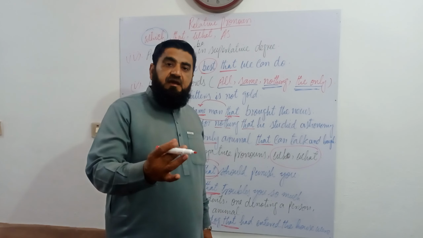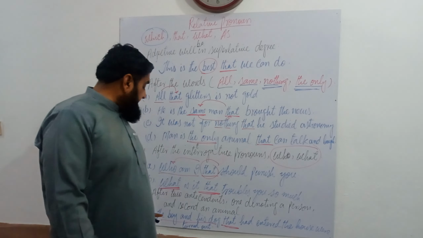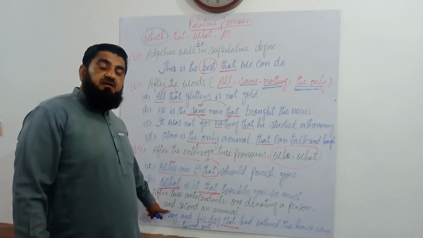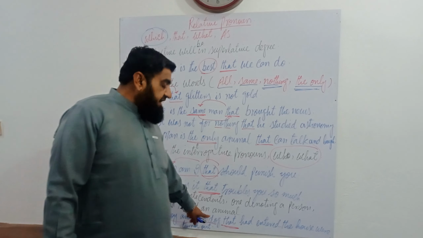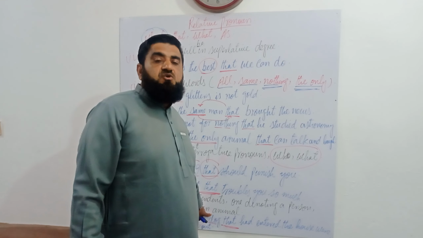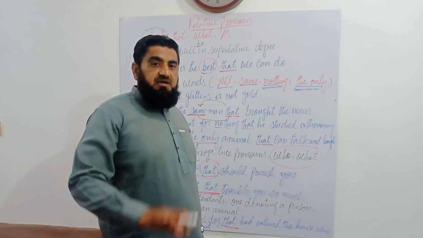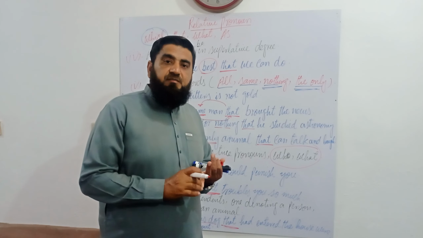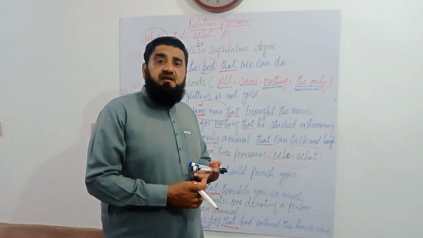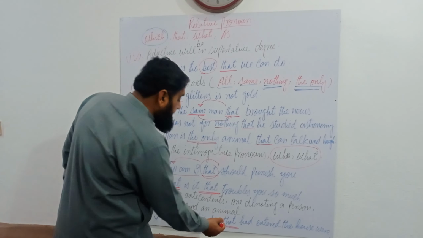One antecedent represents the boy, a person. Another antecedent, his dog, represents an animal. When there are two antecedents, one representing a person and another an animal, that will be used.